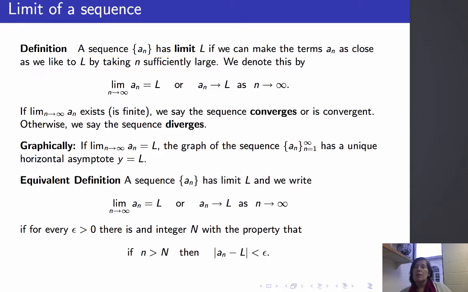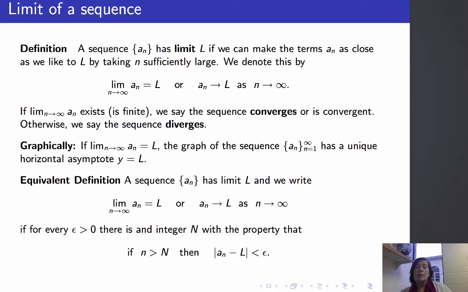So in other words, the limit as n approaches infinity of our function of n is L if a_n approaches L as n approaches infinity. If the limit exists, we say that the sequence converges. And if the limit as n approaches infinity doesn't exist, we say the sequence diverges.